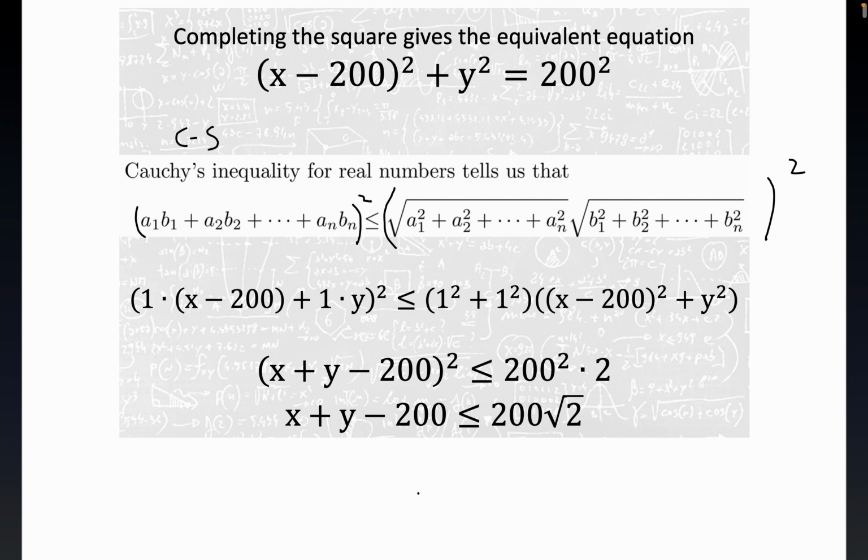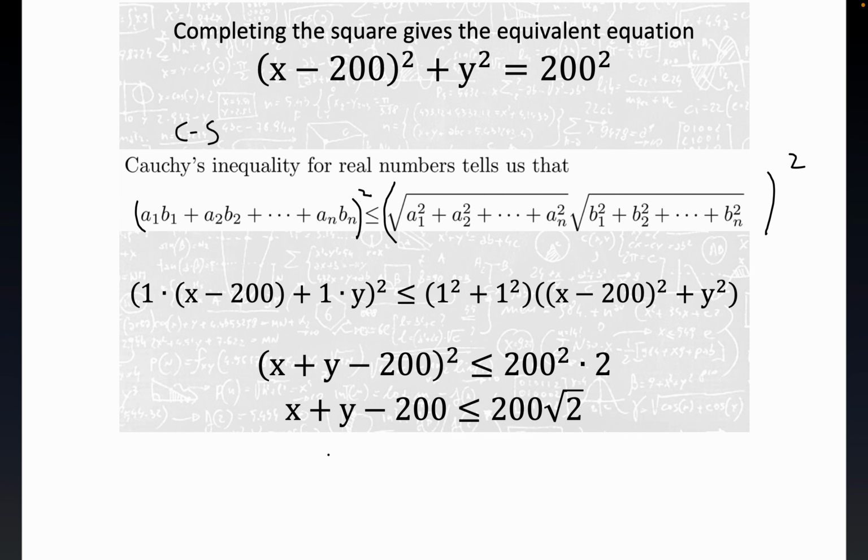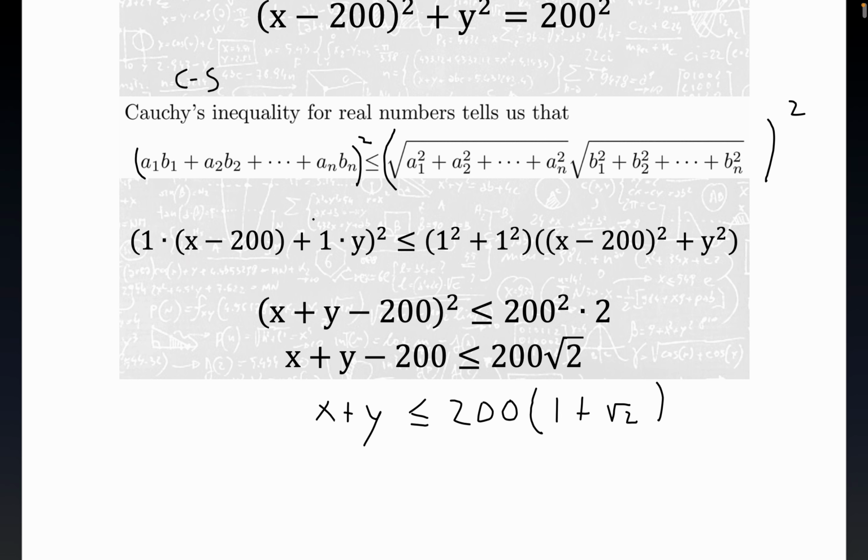And when you add 200 to both sides, this is tantamount to x plus y is less than or equal to 200 times 1 plus root 2. Okay, let me get a little more space here.